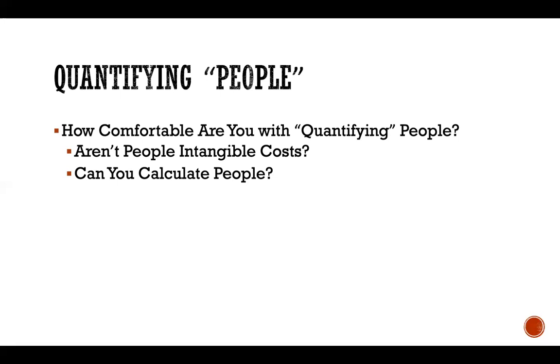Yes, you see headcounts. And yes, you see employee costs. But you don't see on a financial statement the cost of turnover. You don't see the lost opportunity costs of not having hired the right person. When you hire someone who's not doing as good of a job as someone else, you've got lost opportunity costs.